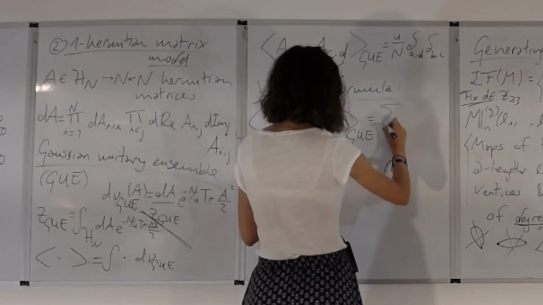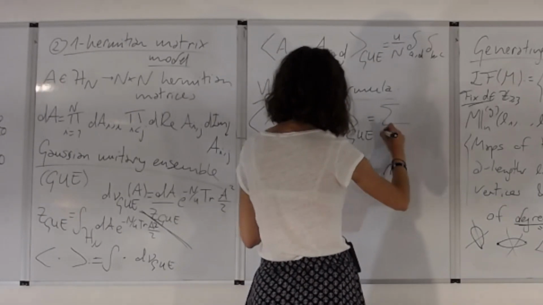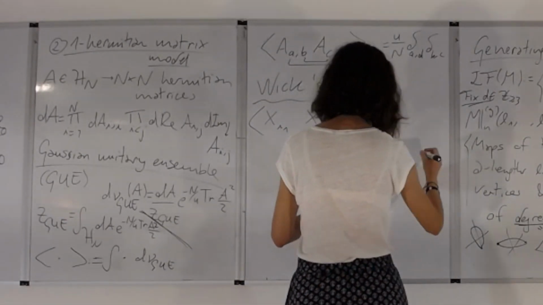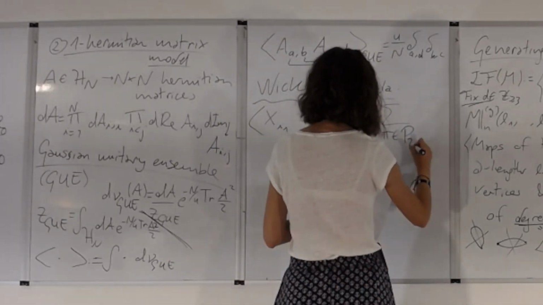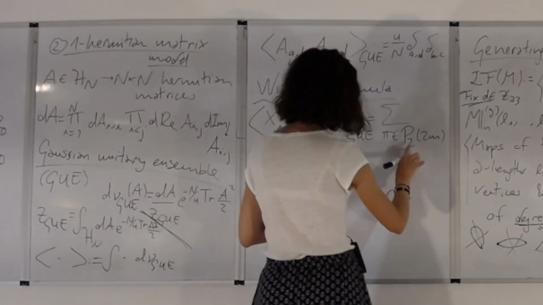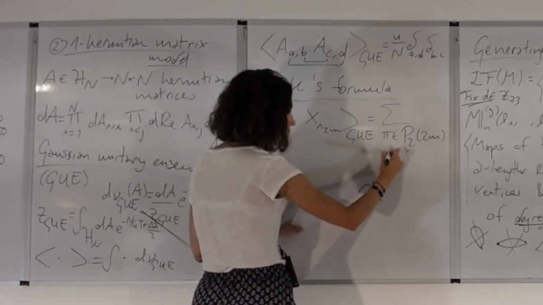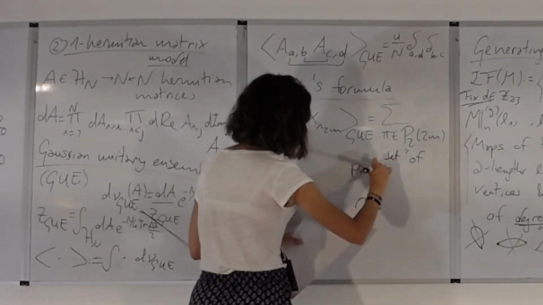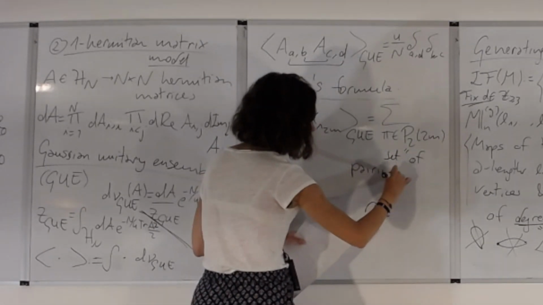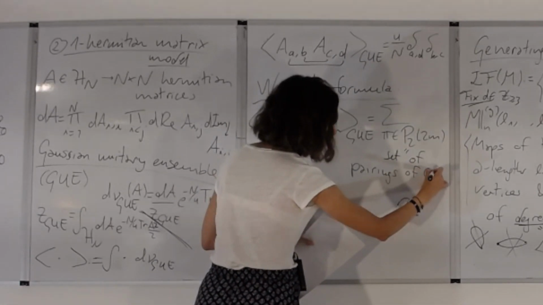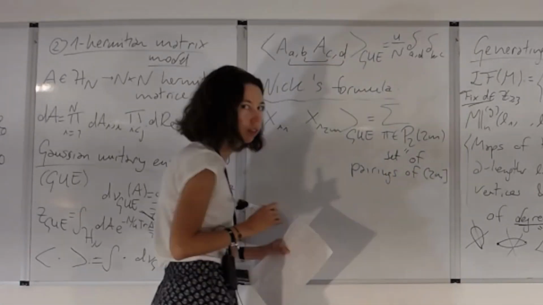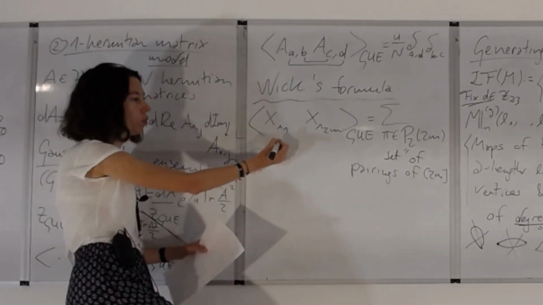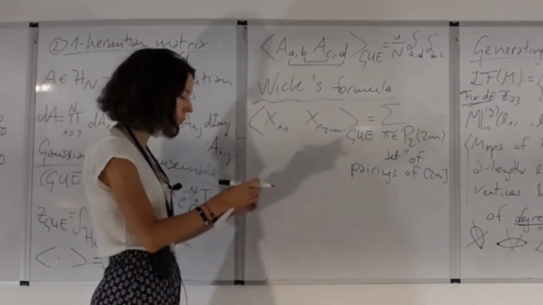And here I just sum over all possible pairings of these indices. So this notation means the set of pairings of the set 2M. I'm pairing all the indices in here in all possible ways.